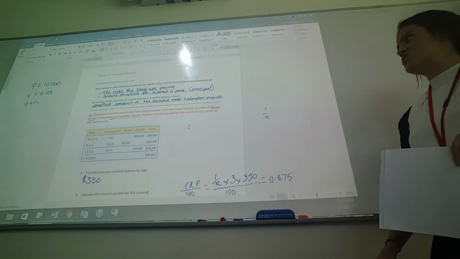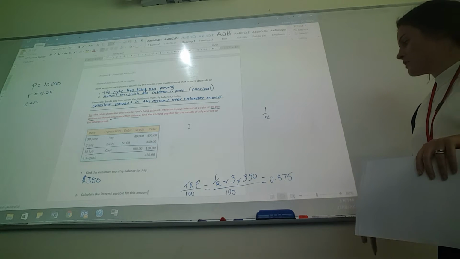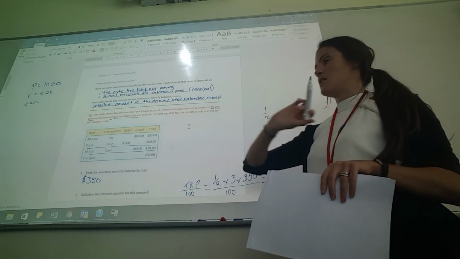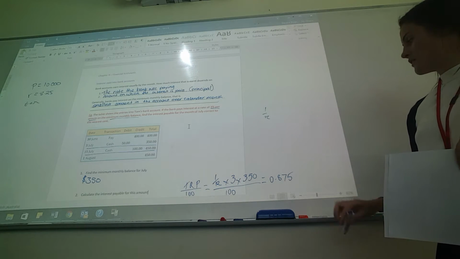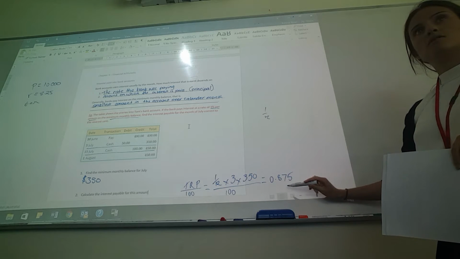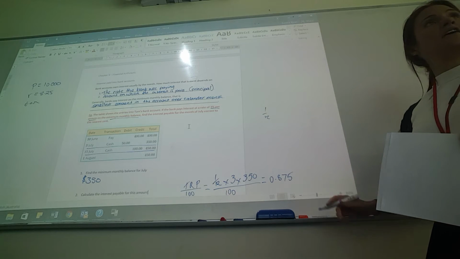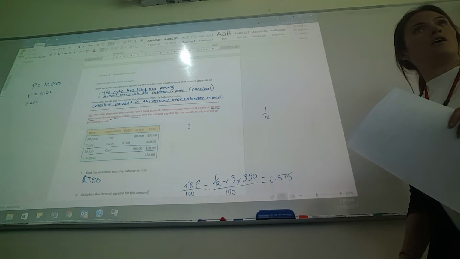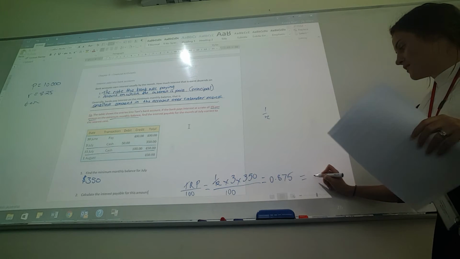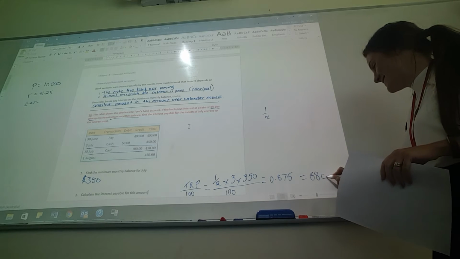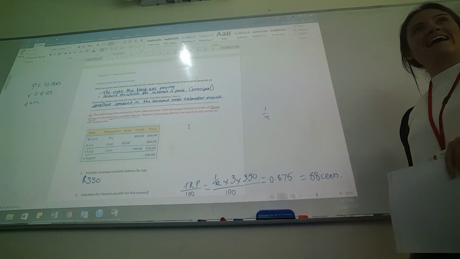So how much interest did Tom earn in his bank account per month? 0.875, but to the nearest cent. Well, you can't have 0.875 of a dollar. 88 cents.